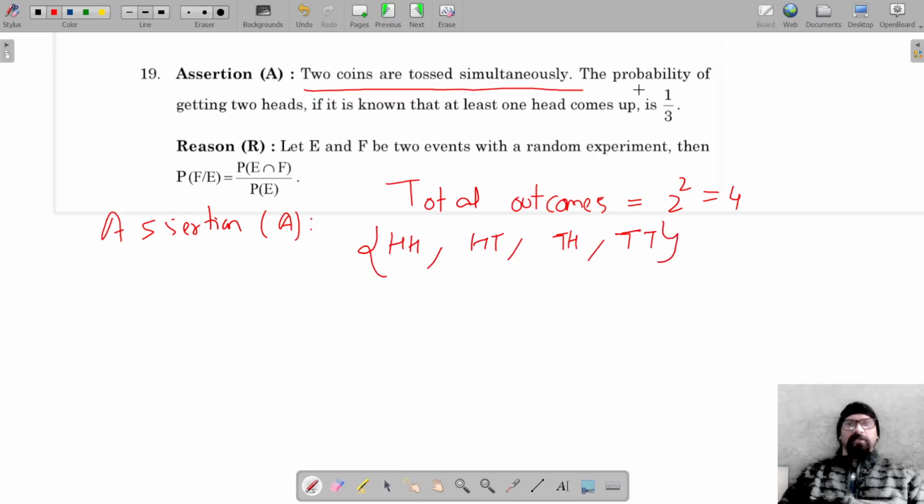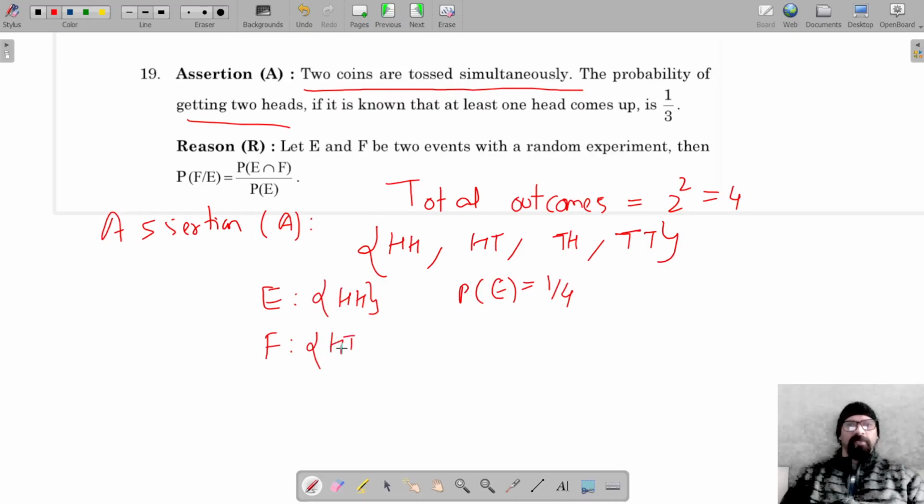Now, the probability of getting two heads. Let's say it's event E, which is HH. So the probability of E is equal to 1 by 4. And let F be the event when at least one head comes up. So we have HT, TH, and HH.